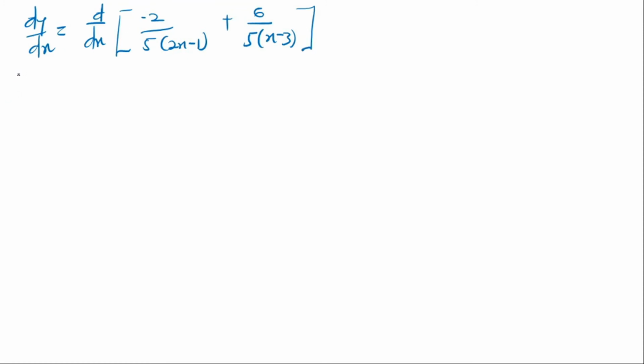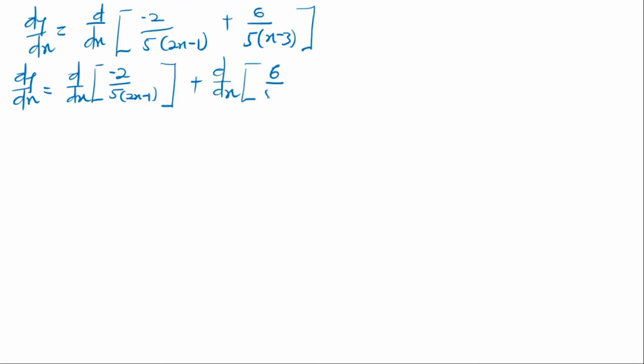Okay, so let's quickly solve this. So our dy dx is now equal to d dx of the function negative 2 on 5, 2x minus 1, then plus d dx of the function 6 on 5 multiplied by x minus 3.